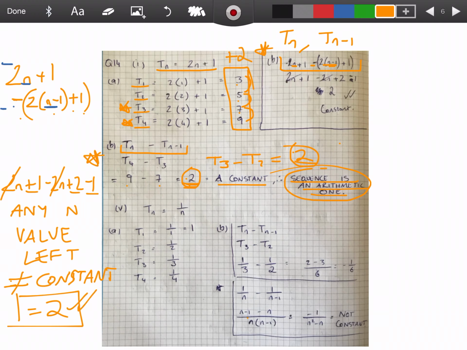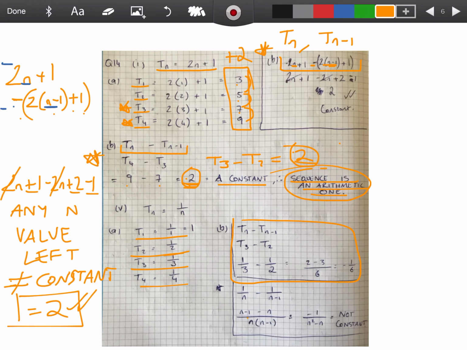Okay. Now, the reason that I had to show you the two ways to do this is because when it comes to a fraction, it's a little bit different. I've got my first term, my second term, my third term, my fourth term, no worries. But if I do it like I showed you originally here, I end up with a numerical value.